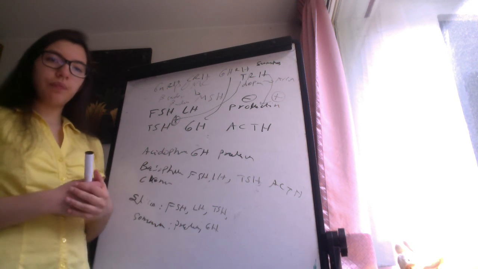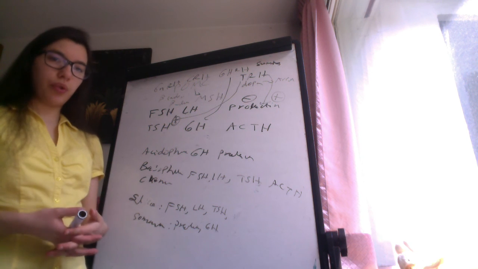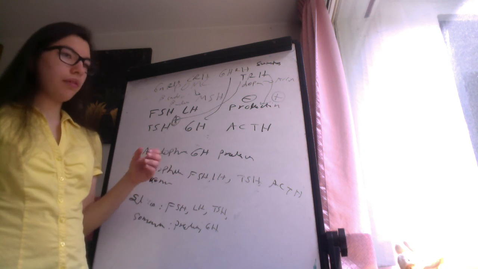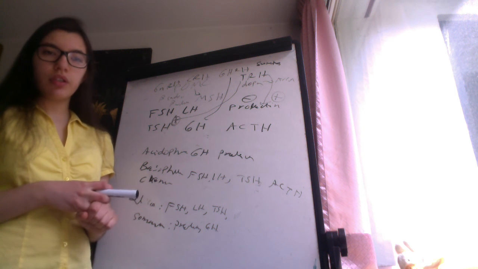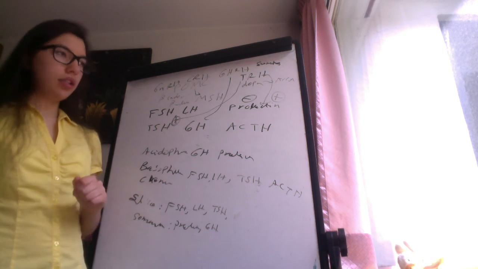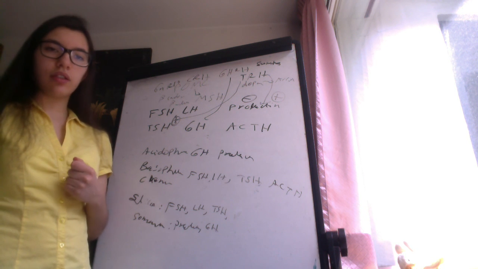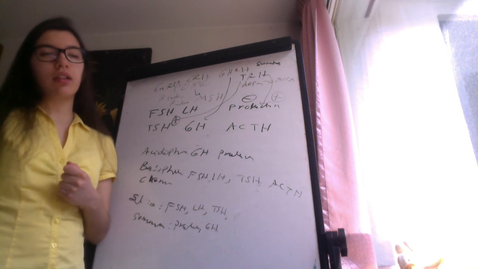The acidophilic and basophilic cells are those that produce the hormones of the anterior pituitary. We have glycoproteins, somatotropins, somatomammotropins, and ACTH. The somatomammotropins are growth hormone and prolactin, and the glycoproteins are FSH, LH, and TSH.